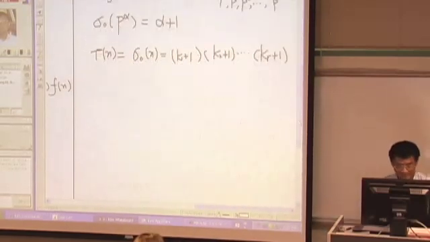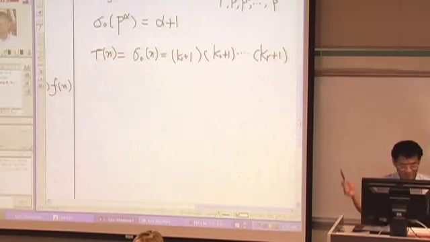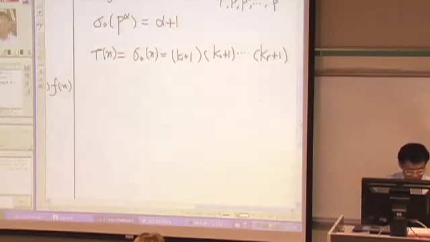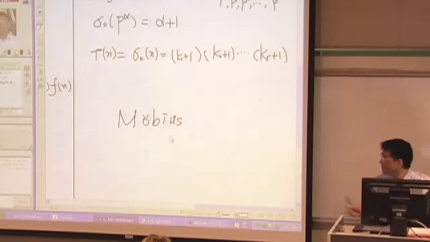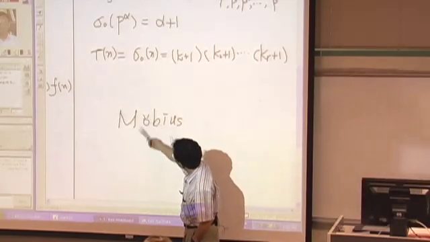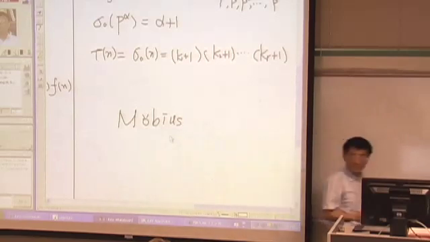So this is it for the property, and you will see these things over and over again, not just in this chapter but until the next chapter, and then I will mention a few other things. The other very important function is called the Möbius function. It's a German name, so it should be read Möbius, but sometimes we ignore that, so Mobius function is okay.